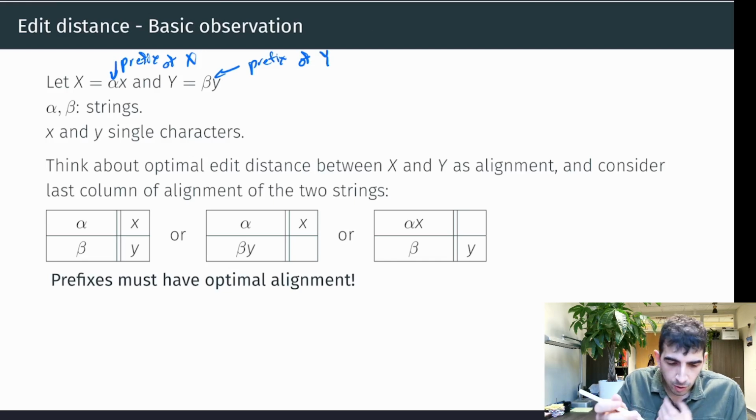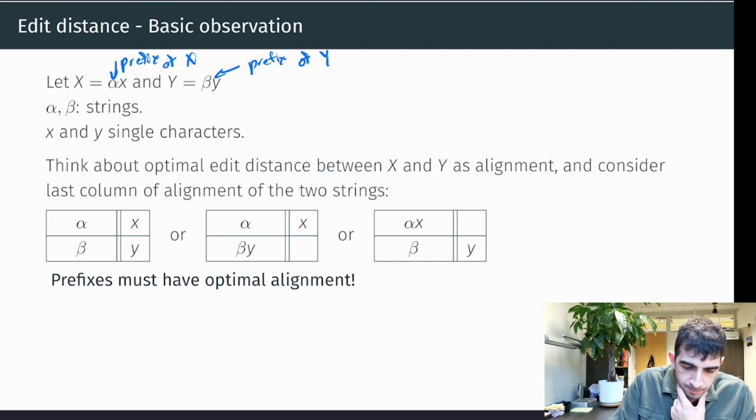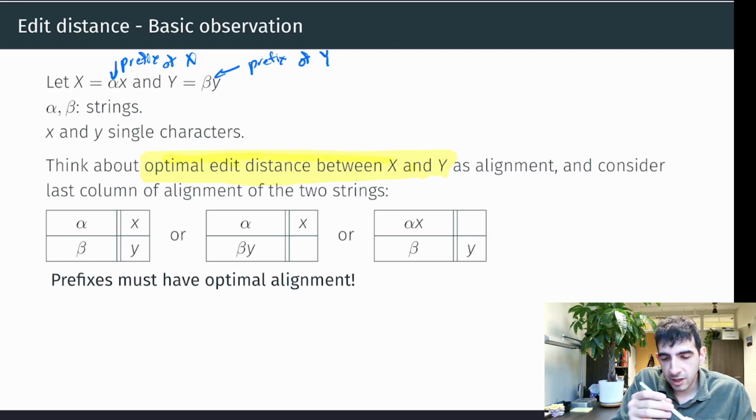So let's take x and y, and let's think about the optimal edit distance between x and y. What would the optimal edit distance be between x and y?